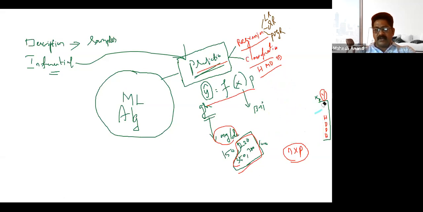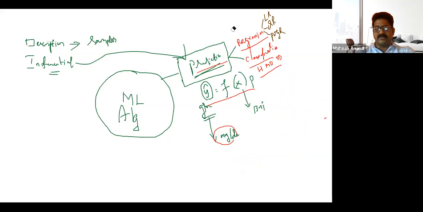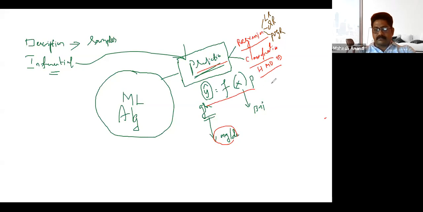Then we have the k nearest neighbor algorithm, which is predominantly based on distance-based calculations. Then we have the naive Bayes algorithm.